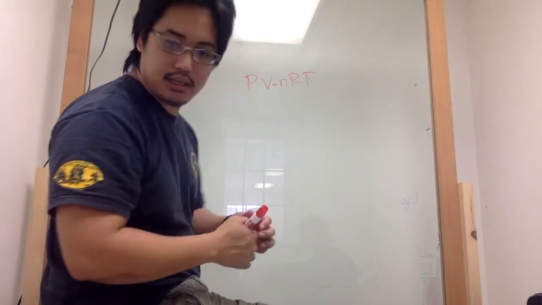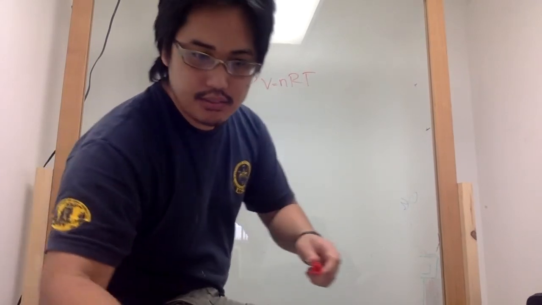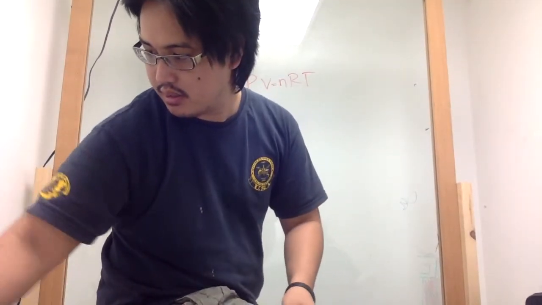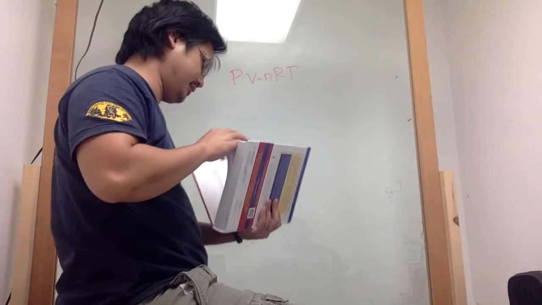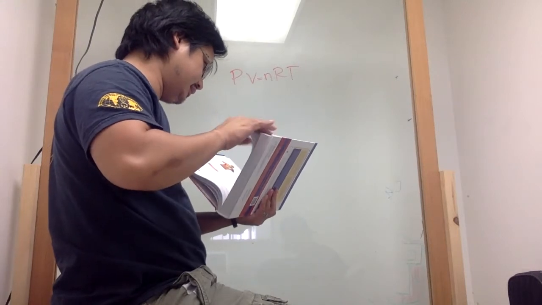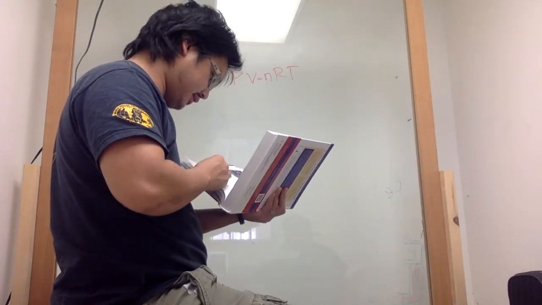I don't know it off the top of my head, so let me just look it up real quick. R is something like 0.82. I don't know. Let me look it up. Gas laws, pressure conversion.